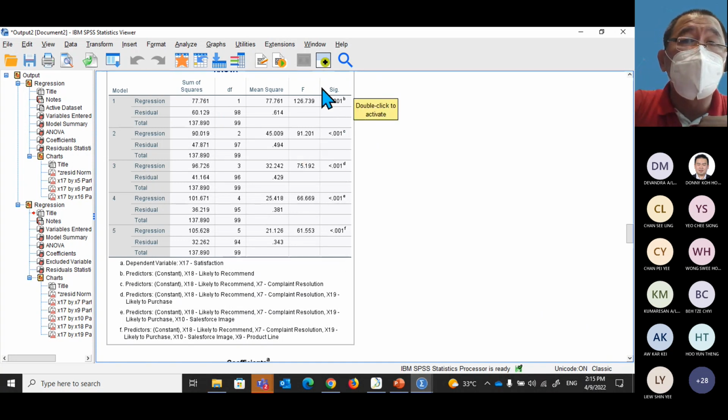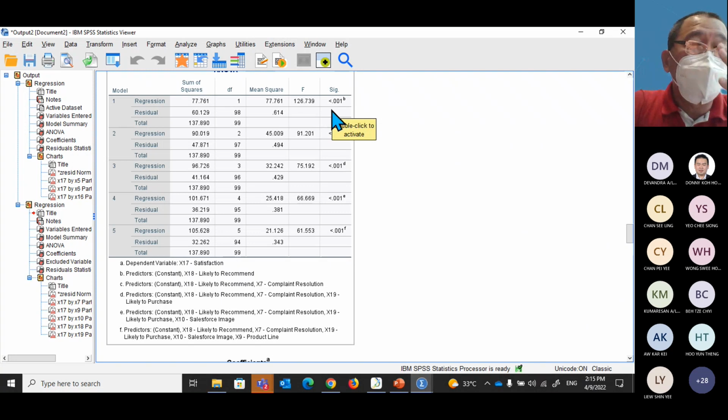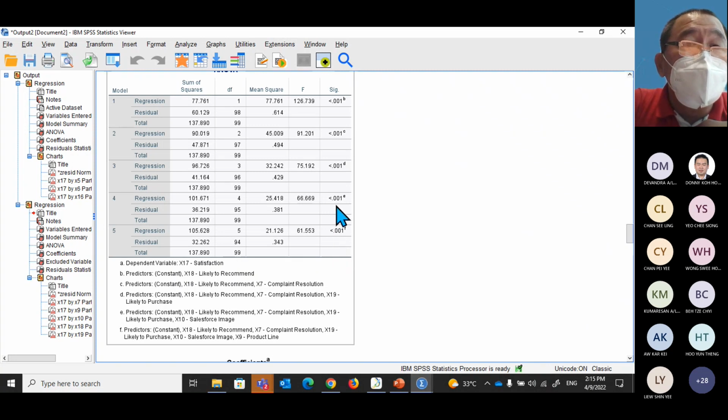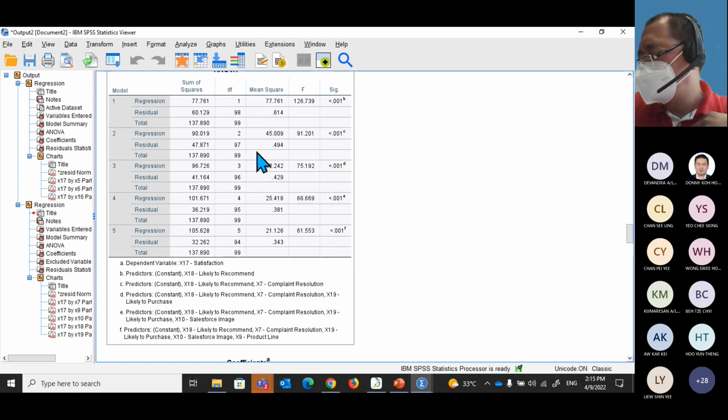You see the rightmost column, they're all actually very small. Even if the F value drops, it doesn't matter, it is still significant because the p-value is very, very small. So in the final model, you got 5 independent variables.